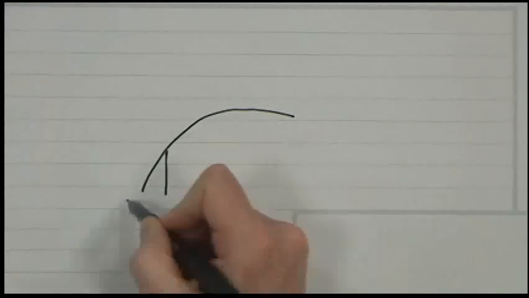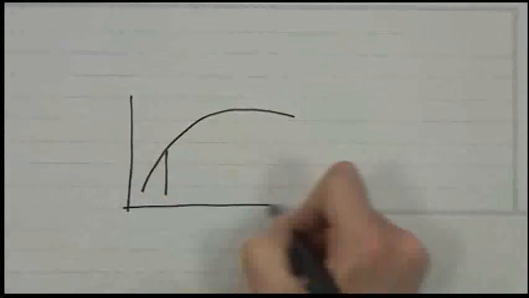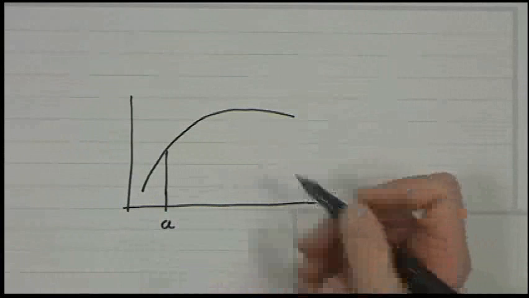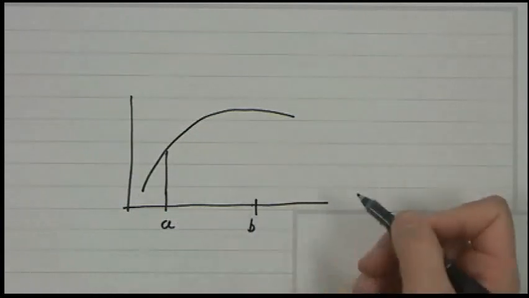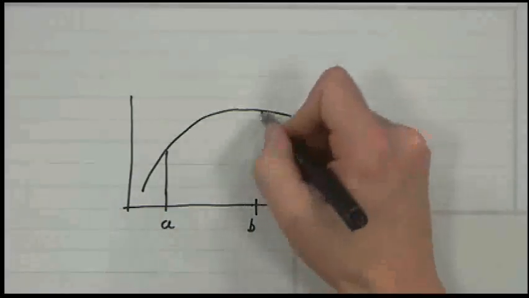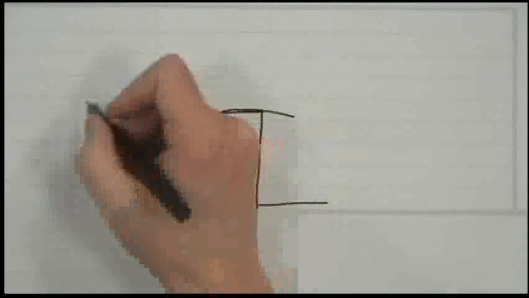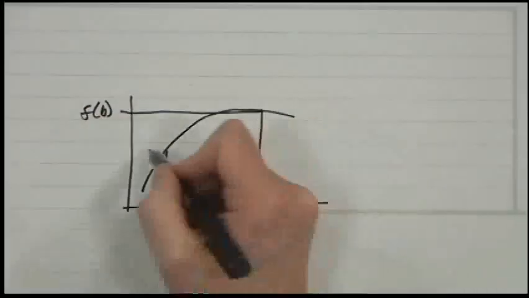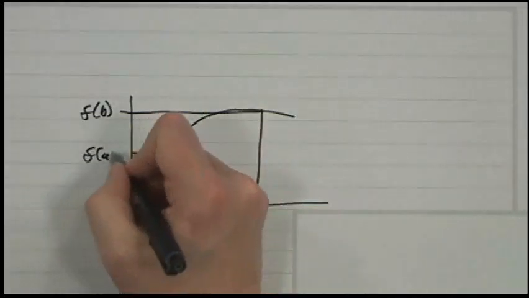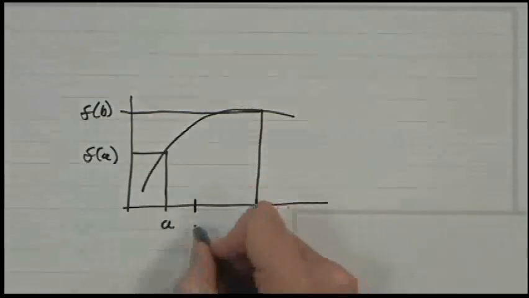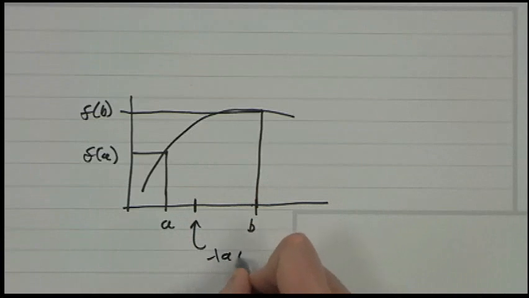So this is A, right? This is B, right? So this point here is f of B. This is f of A. This is a little more zoomed in. This is lambda A plus 1 minus lambda B. So it's somewhere in between.